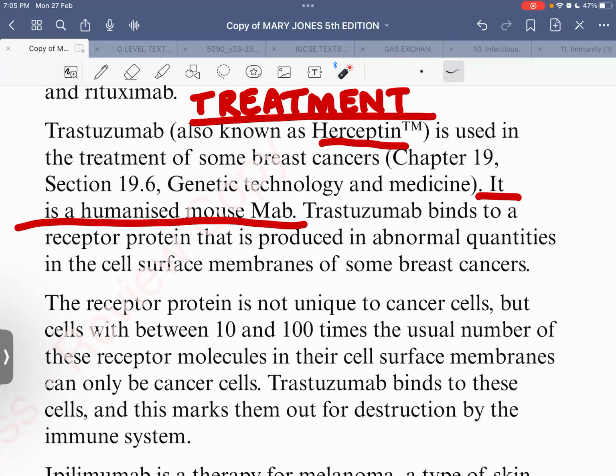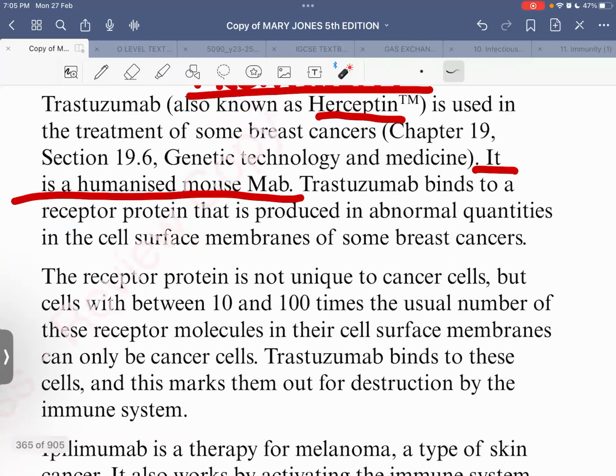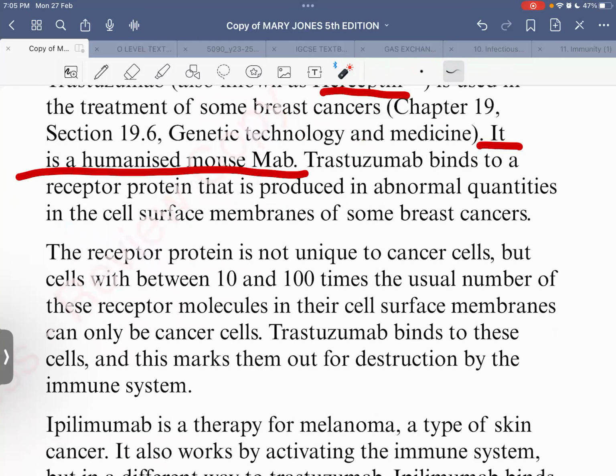ठीक है? अच्छा, the receptor protein is not unique to cancer cells, but cells with between 10 and 100 times the usual number of these receptor molecules in their cell surface membranes can only be cancer cells. So Herceptin binds to these receptor proteins and marks them for destruction by the immune system. ठीक है, तो क्या कर रहा है Herceptin?